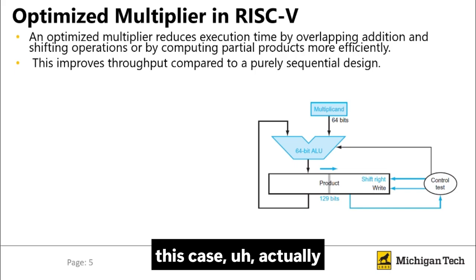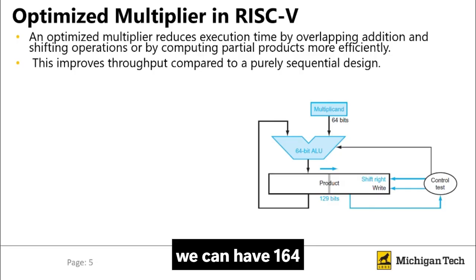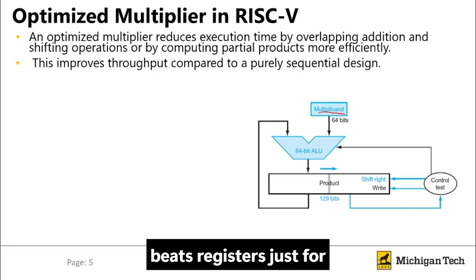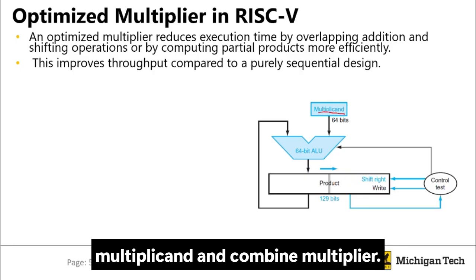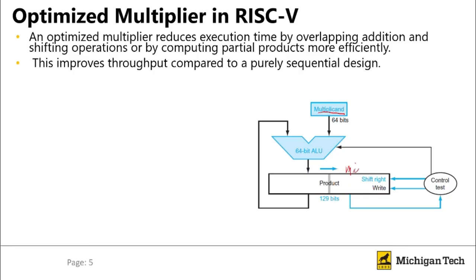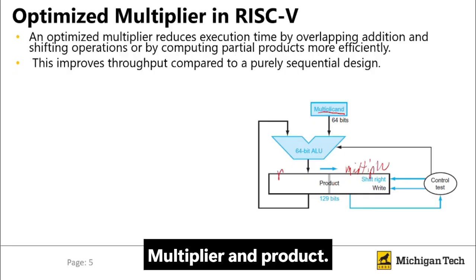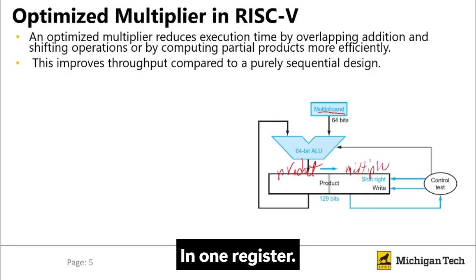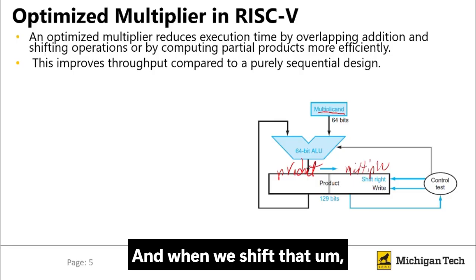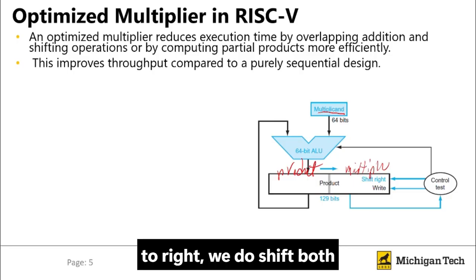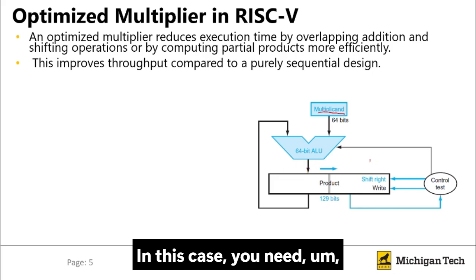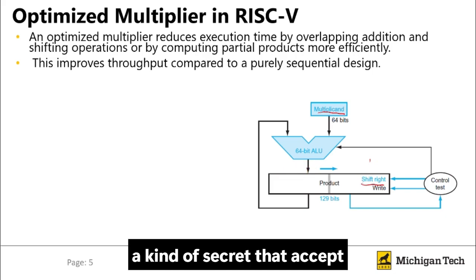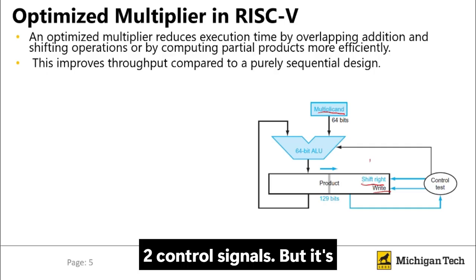In this case, we can have a 64-bit register just for the multiplicand, and combine multiplier and product in one register, and when we shift that to the right, we shift both of them at the same time. In this case, you need a kind of circuit that accepts two control signals, but it's possible to do that.